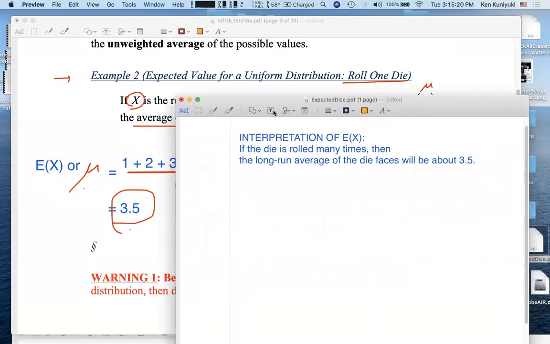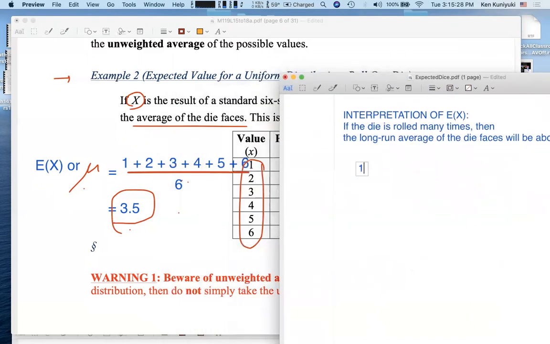So again, here's the idea. Let's say that you really have no life and you roll a die 1,000,000 times. Maybe you get a 1 on the first roll, a 4 on the next roll, a 2 on the next roll, another 2, let's say, a 5, a 3, a 6, and so forth.